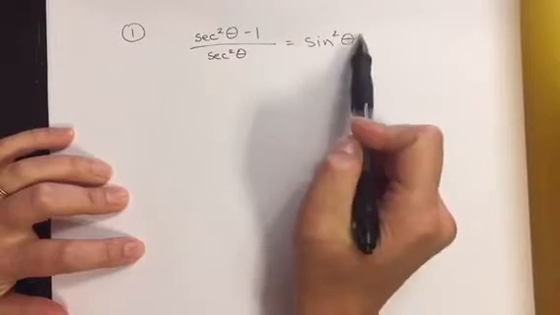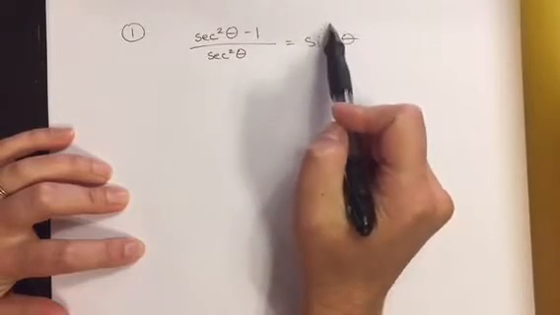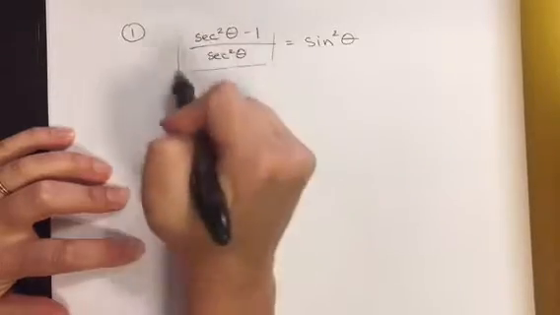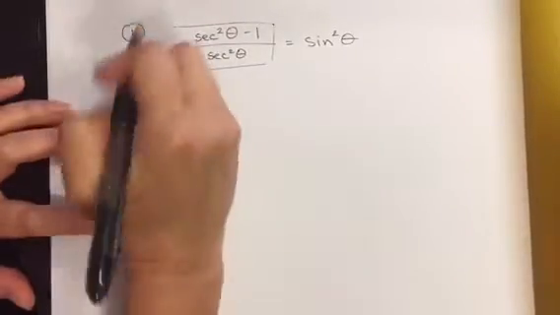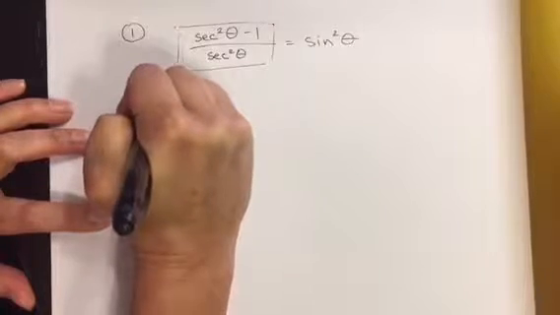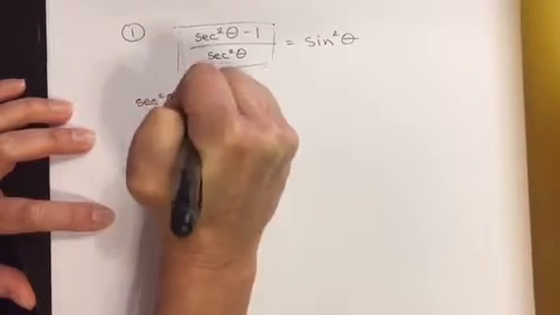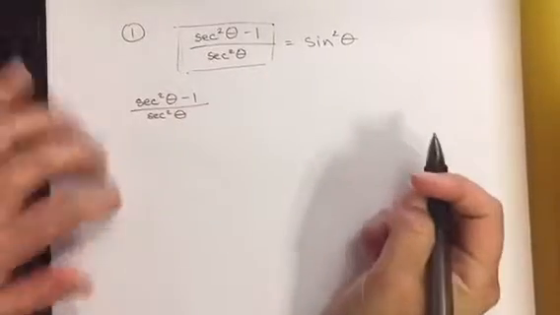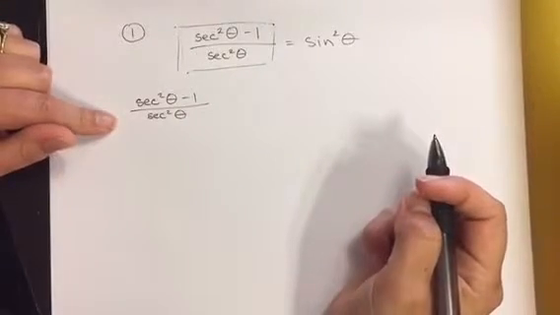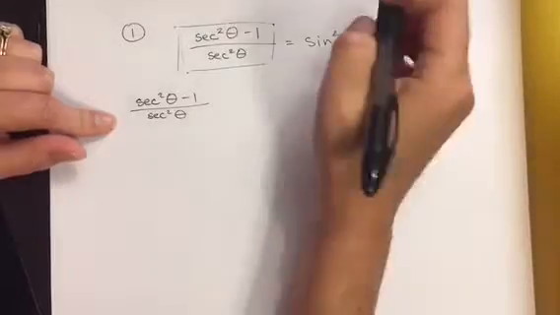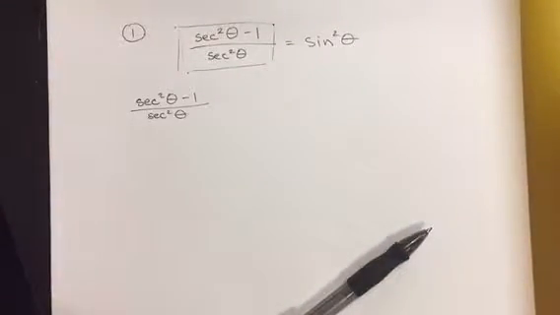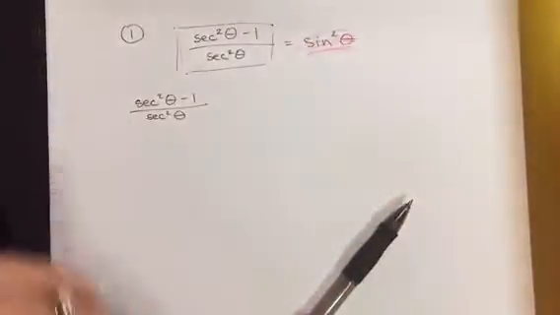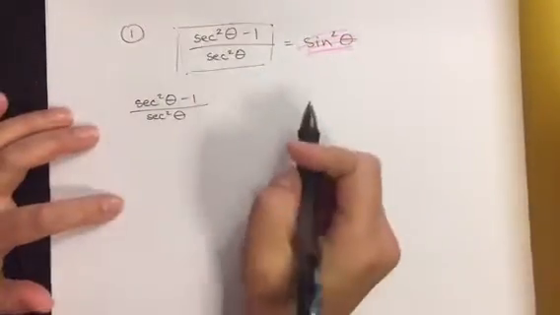So I'm going to completely leave this side alone, and I'm going to take this side only, and I'm going to write this side again down here just to make it abundantly clear what I'm doing here. And I'm going to work through this side of the equation, trying to make this side of the equation equal to sine squared theta.